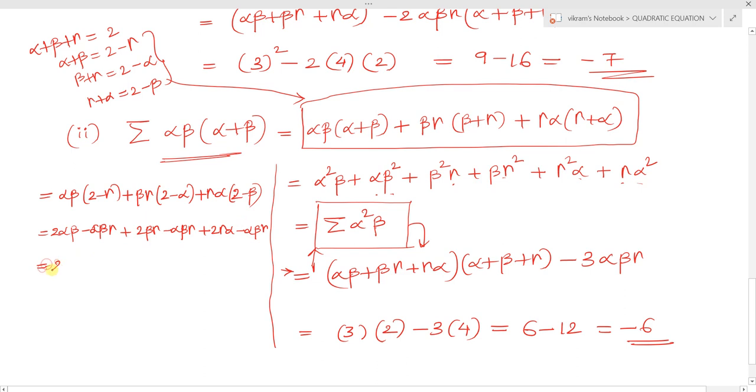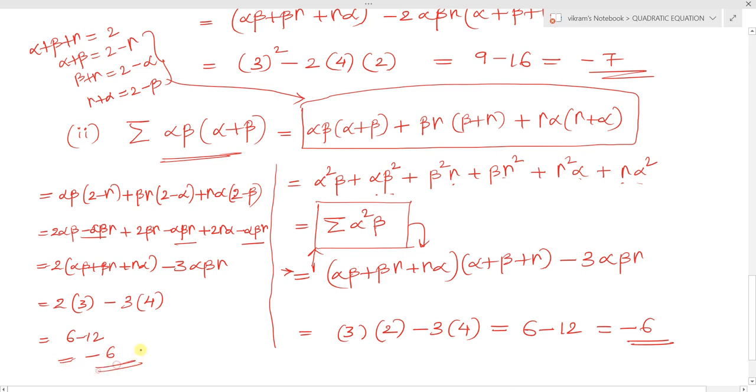So from this we can write 2 times alpha beta plus beta gamma plus gamma alpha, minus 3 times alpha beta gamma. From the given question, this is 2 into 3 minus 3 into 4. Then we write 6 minus 12, and again we obtain minus 6.